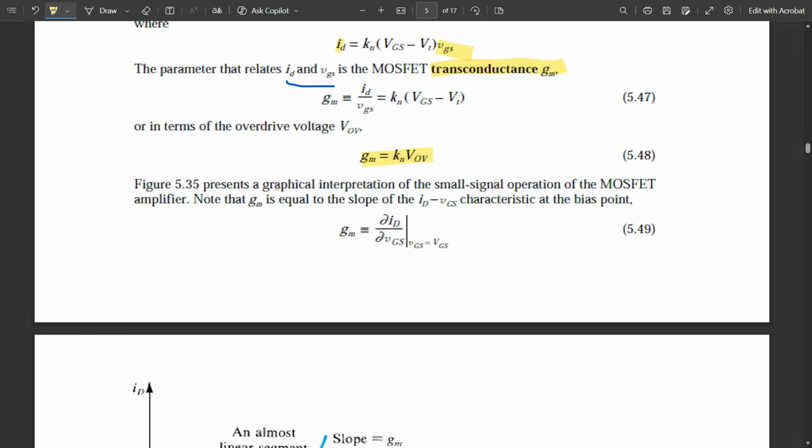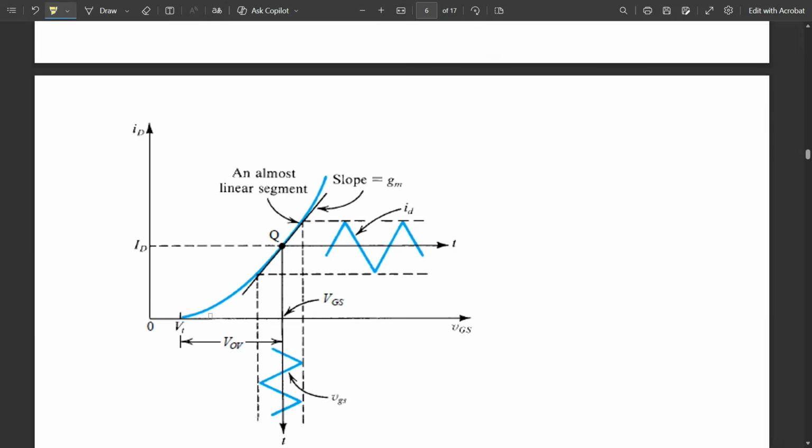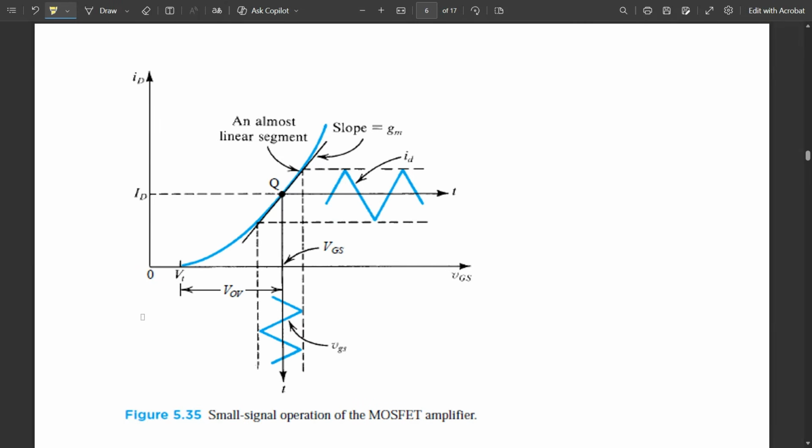Figure 5.35 presents a graphical interpretation of the small signal operation of the MOSFET amplifier. Note that the transconductance gm is equal to the slope of the ID versus VGS characteristic at the bias point. So that's why this is given as the partial differentiation of ID with respect to VGS, where VGS is equal to the DC component of itself. This is the plot of the small signal operation with respect to different bias points.